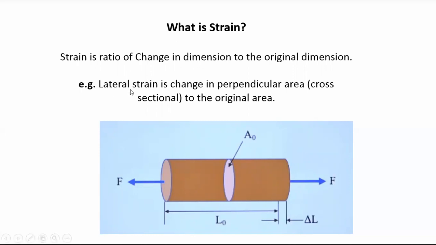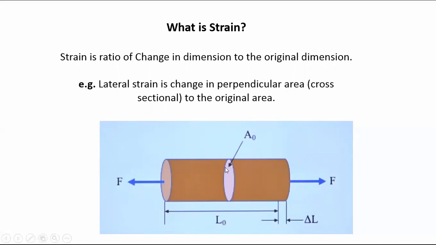For example, transverse strain or lateral strain is the change in the area, actually the area perpendicular to the force. Here it is mistakenly written.